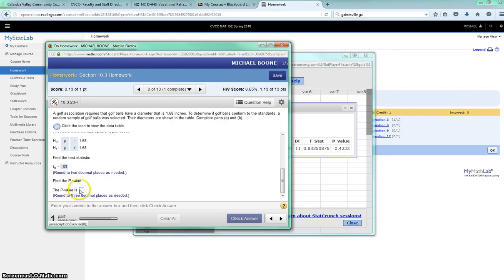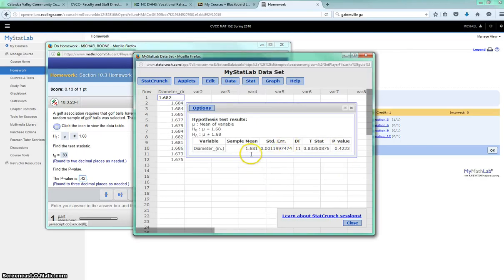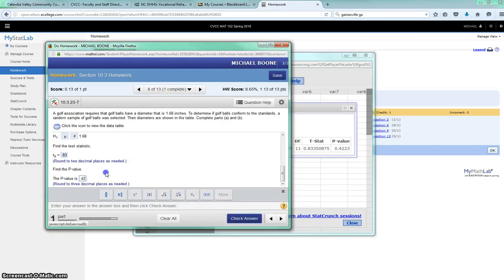Our p-value is pretty big. Basically that says there's a 42% chance that if we had another sample similar to what we have, we would get a mean of 1.681. So we're pretty close to the 1.68. Let's get 3 decimal places in there.